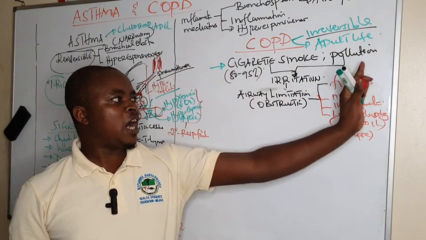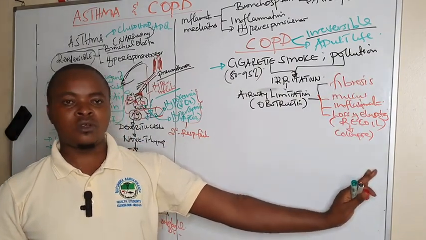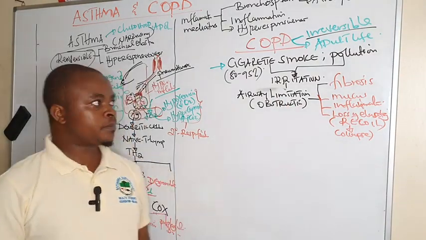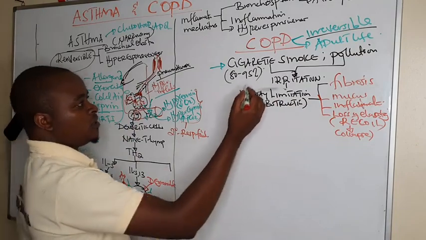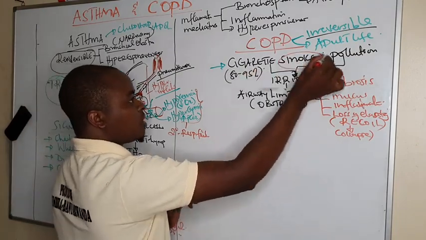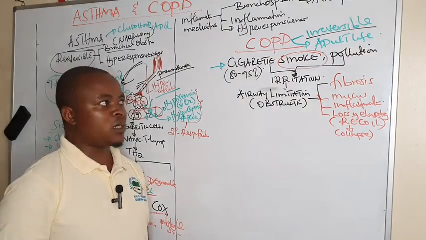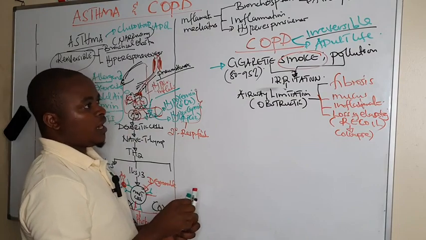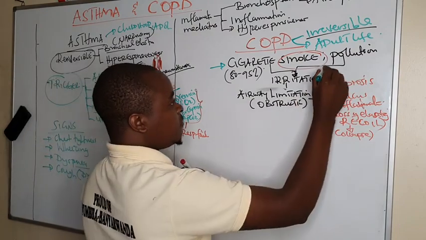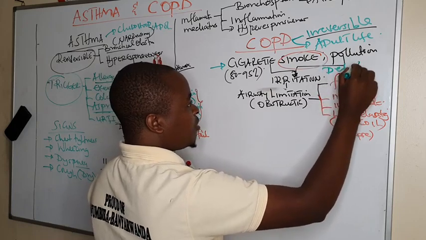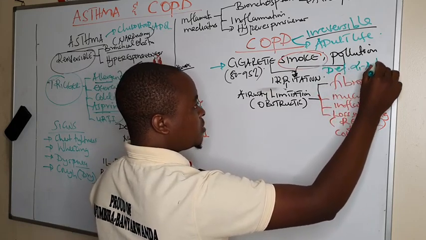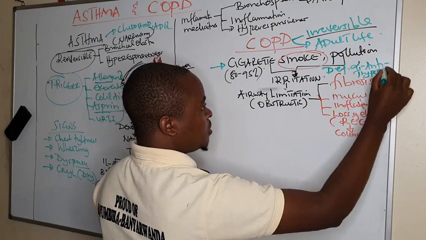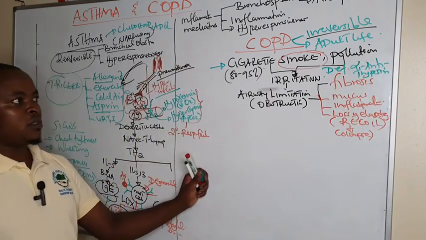And we are going to see how these things come about to cause obstruction or limitation of the airway. We are going to see, in the presence of smoke, especially cigarette smoke, and other conditions that can be genetic, like deficiency of alpha-1 antitrypsin, that it can also lead to that.